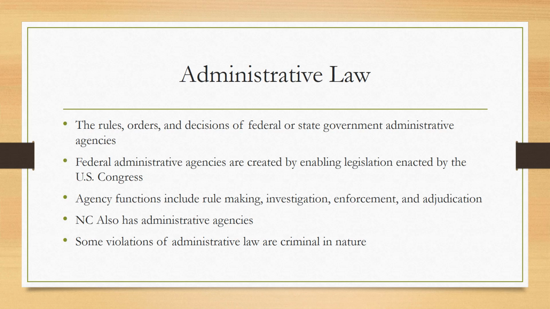You'll go to an IRS court, because typically when you violate a statute from an administrative agency, those agencies have the expertise really to try those types of cases. North Carolina also has administrative agencies. Now, some violations of administrative law are civil, but some are criminal. You can go to jail. If you don't pay your taxes, you can go to jail.